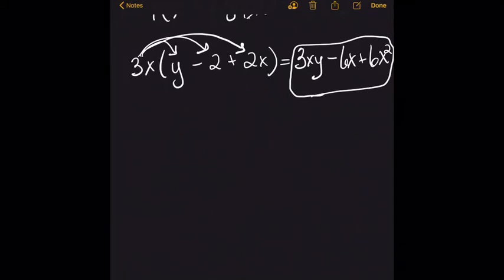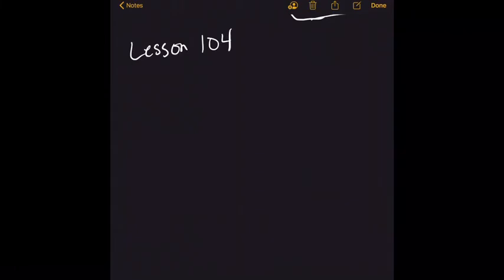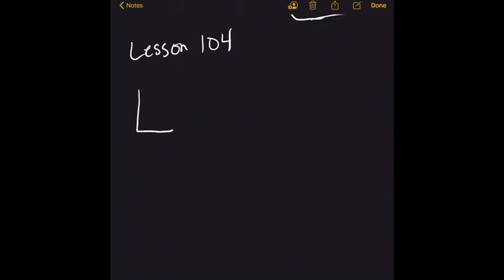And our last lesson for this week, lesson 104, is about classifying triangles and angles in a triangle. So if we classify triangles by their angles, what are the names for them? Well, if you have, say, a right angle in your triangle, what kind of a triangle is that?